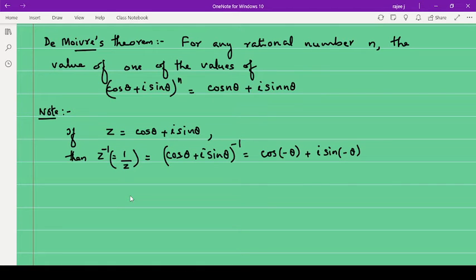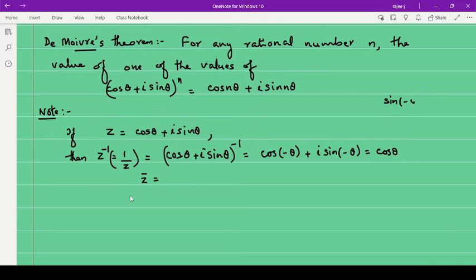Or if I write the conjugate directly, what you have to do is just change the sign of i. So both are the same. Using De Moivre's theorem, this is equal to cos of minus theta, and we know cos of minus theta is cos theta only. Cos and sec of minus theta give cos theta and sec theta; all the remaining ones get a minus.